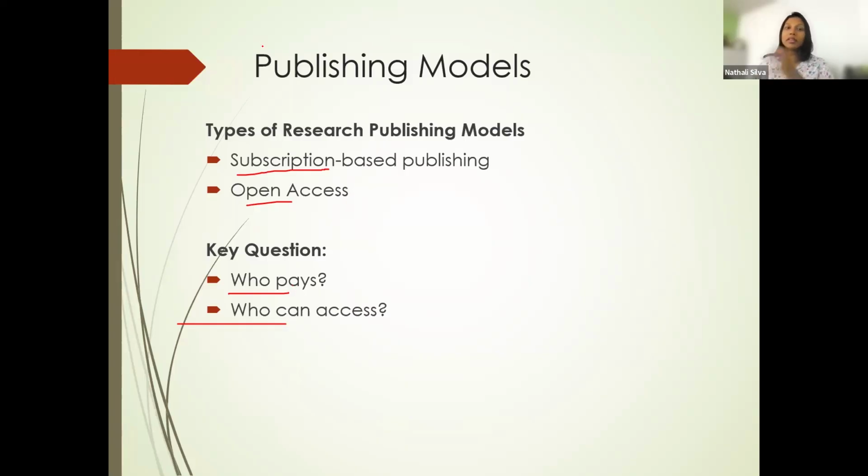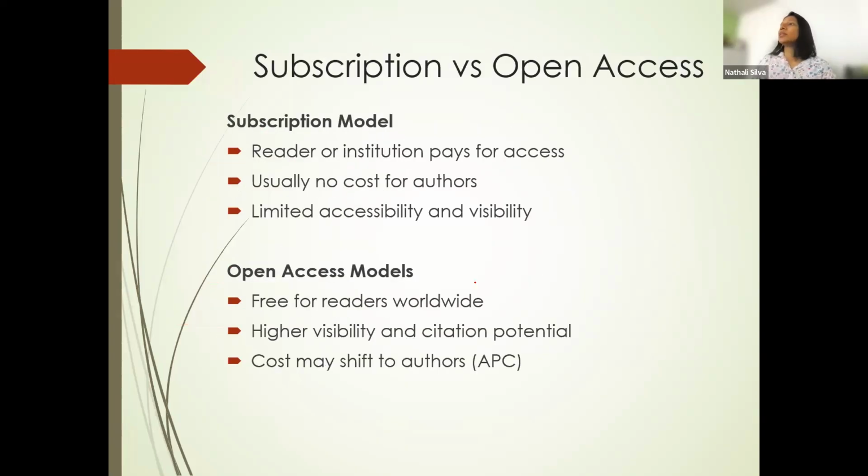In subscription, the ones who have paid for the subscription can read your paper. And if it is open access, anyone can access your paper freely. They can download it, read it, and work on the work. So this is the difference.